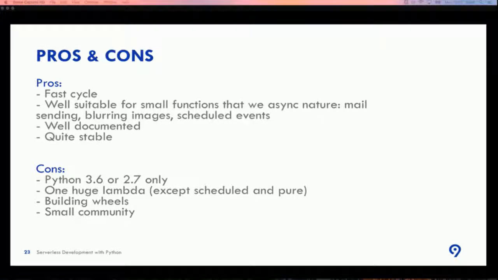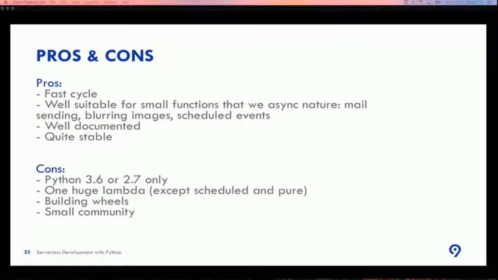It's very well suited for small functions that have an async nature, for instance, email sending, blurring images, or some other scheduled event, if you don't want to face memory leaks with Celery. Also, it's well documented and quite stable, because all documented functions work quite stably, but not all functions are implemented yet.